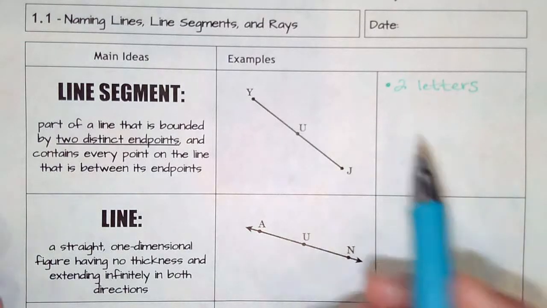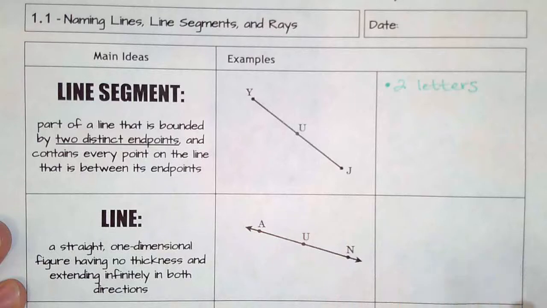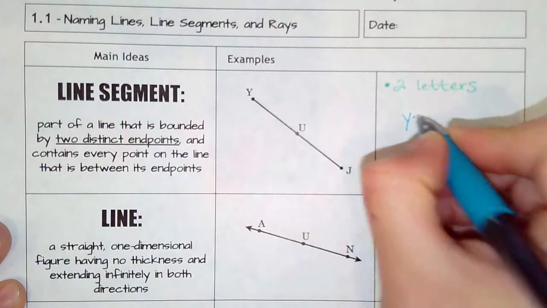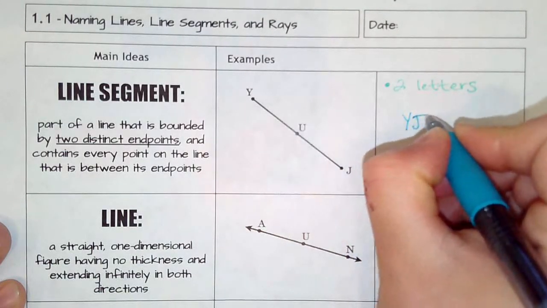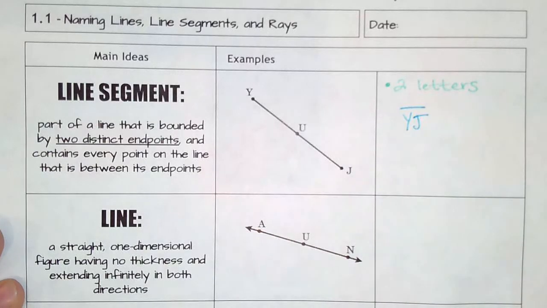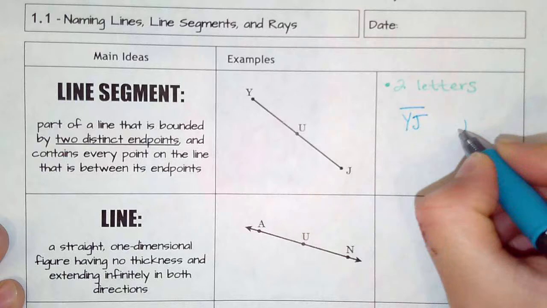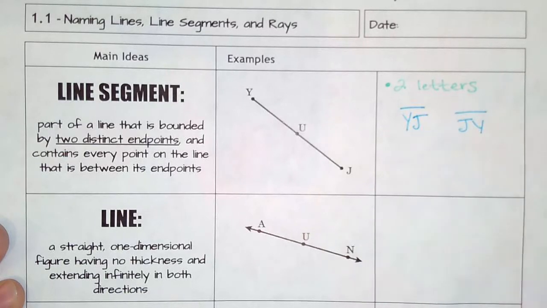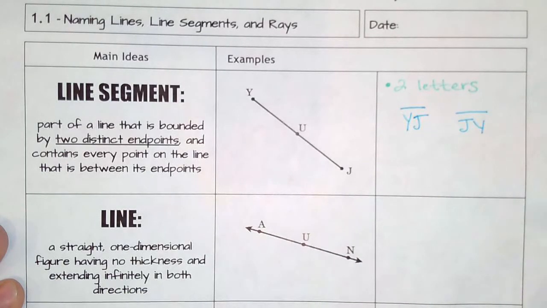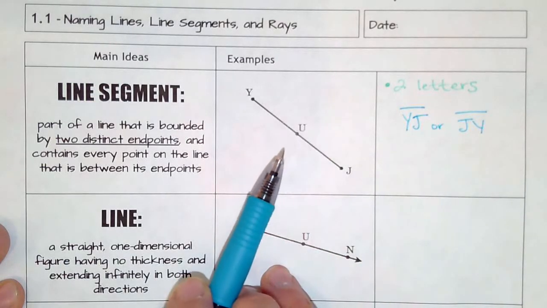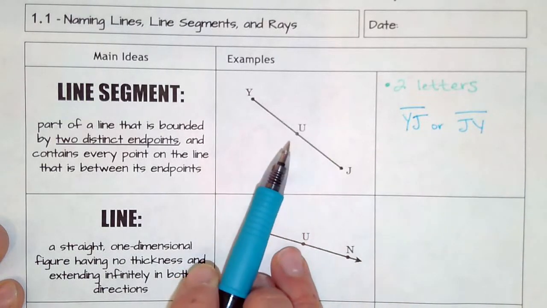So the endpoints on this would be Y and J. So I could call this YJ, and you would put a little line segment above it, or you could call it JY, and you need to put that line segment symbol above it. So these two options would work. You couldn't just say one letter because one letter is actually a point.